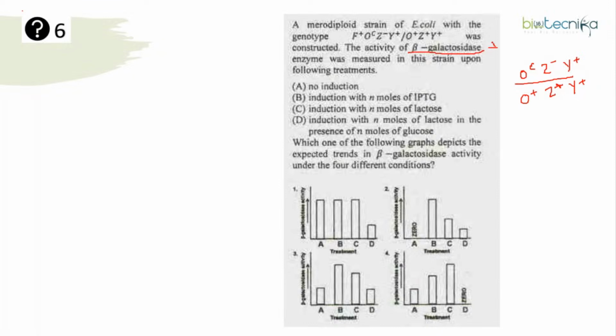That means you have to find out the functionality of the Z gene, so under which conditions the Z will be active and inactive. That you have to analyze. Okay, so I'm getting mixed answers. Everyone try, whether it is right or wrong, because the more you try, that means you are practicing.